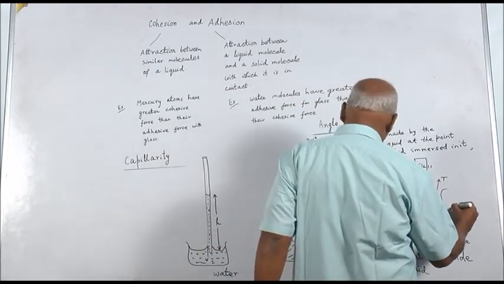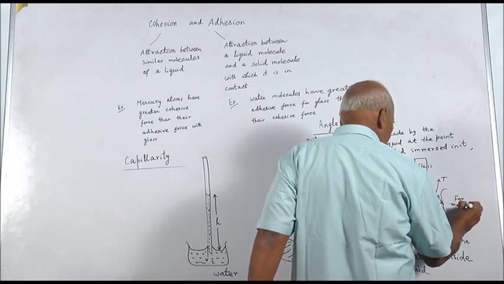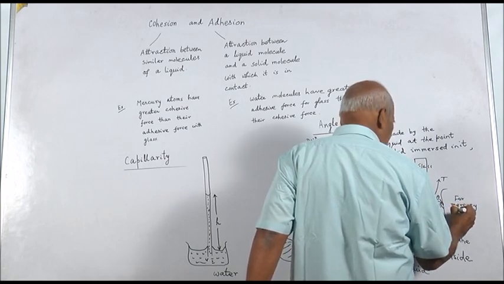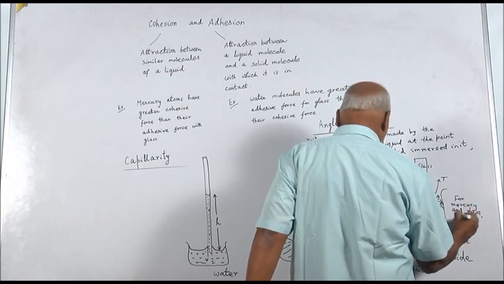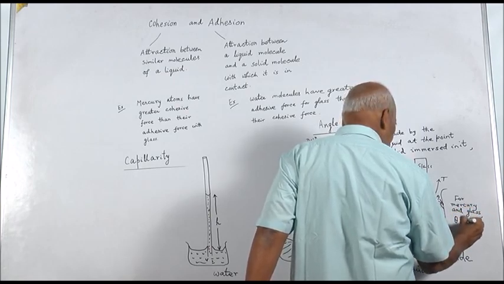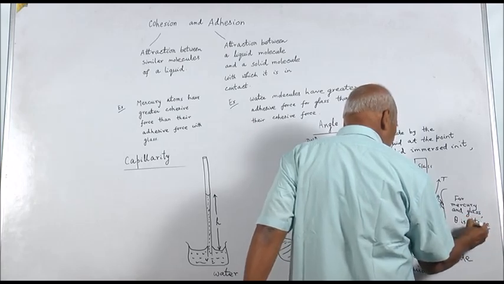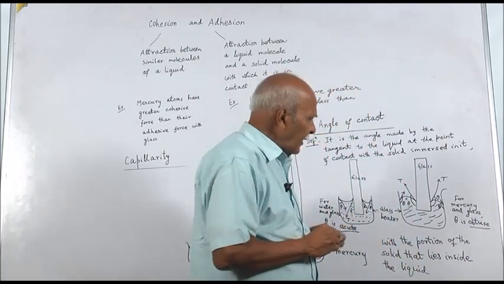Then for mercury and glass, theta is obtuse. So, this is about the angle of contact.